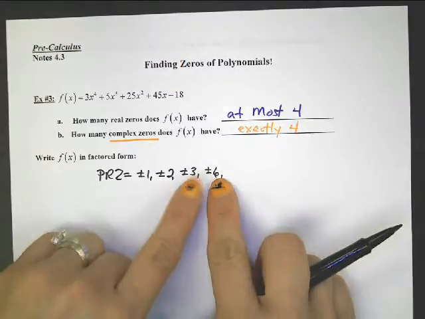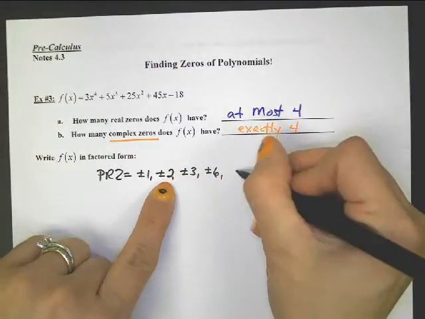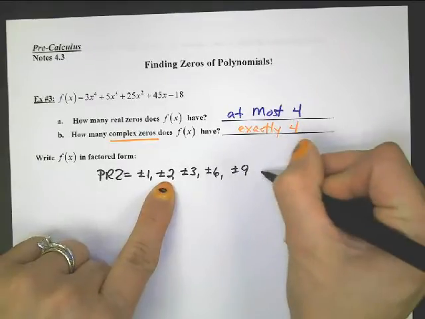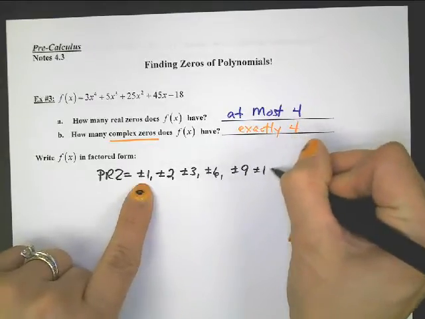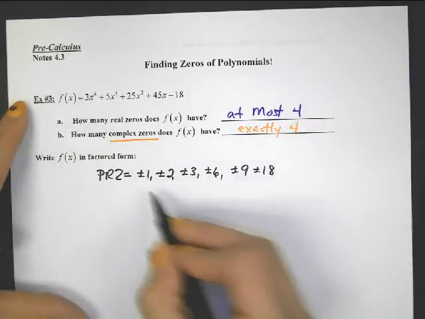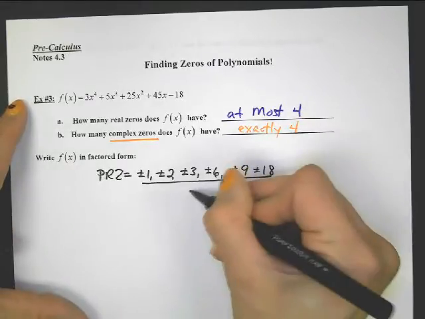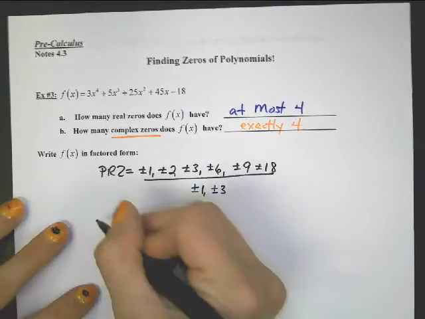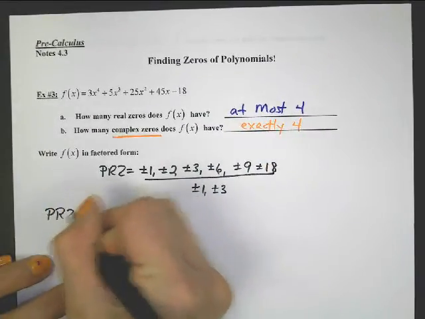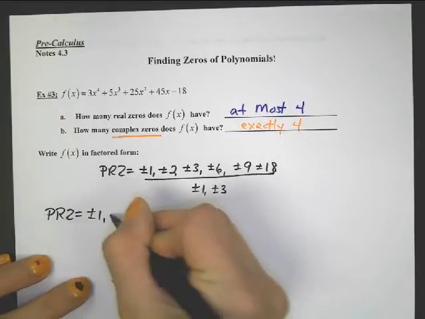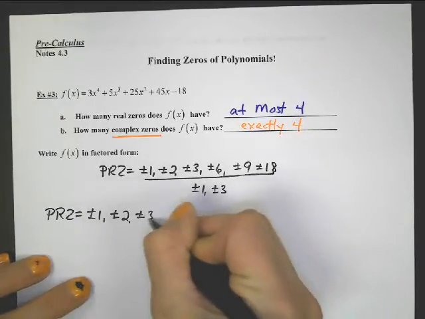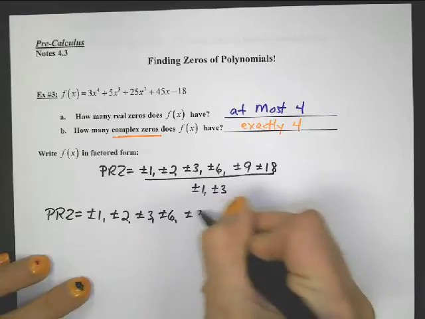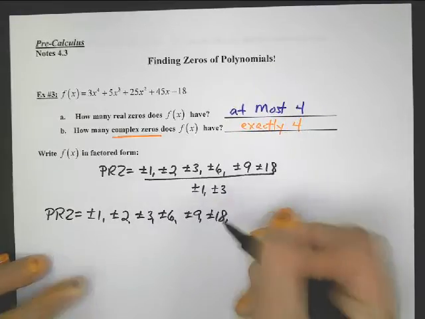Once you get to the matching set, you just bring it on home. 2 goes with 9, 1 goes with 18, and then we're going to divide these all by plus minus 1 and plus minus 3. So the PRZ list is plus minus 1, 2, 3, 6, 9, 18.